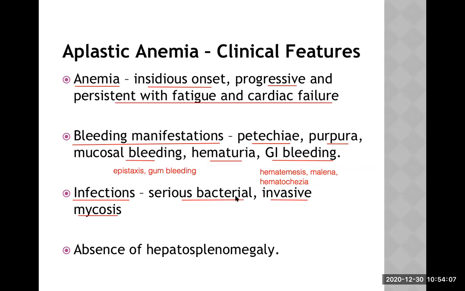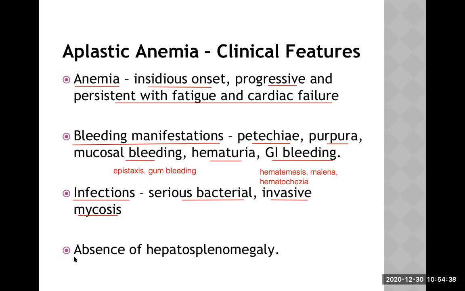Some hospital-acquired infections are quite common, like MRSA strain of Staphylococcus aureus, maybe Pseudomonas aeruginosa, Klebsiella pneumoniae, Proteus mirabilis. So many different organisms can cause infection because of the immunocompromised situation, and why immunocompromised? Because of pancytopenia. WBCs are very decreased, especially the neutrophils.